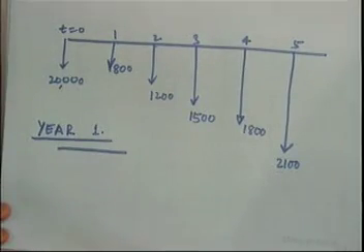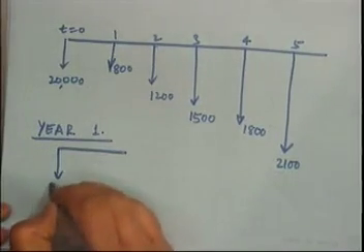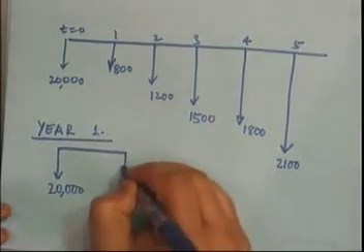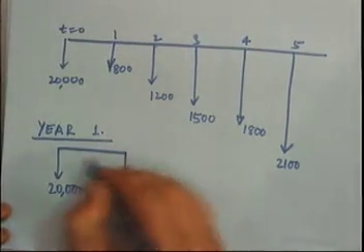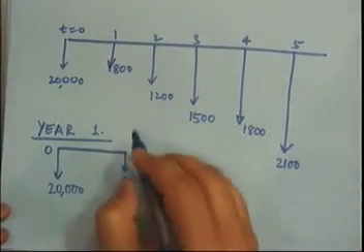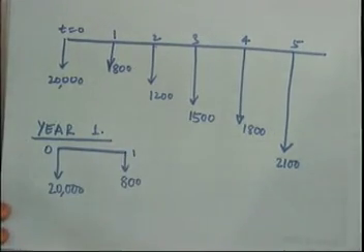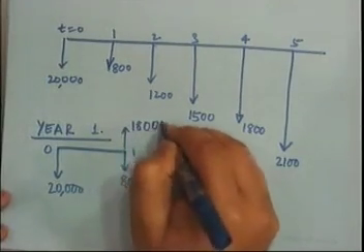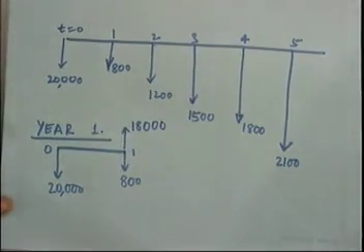What are the total cost implications for year 1? 20,000 here, $800 here, this is 0, this is 1, and how much money can I get if I sell it in the market? $18,000. So, this should be sufficient for calculating the total cost implication for year 1.